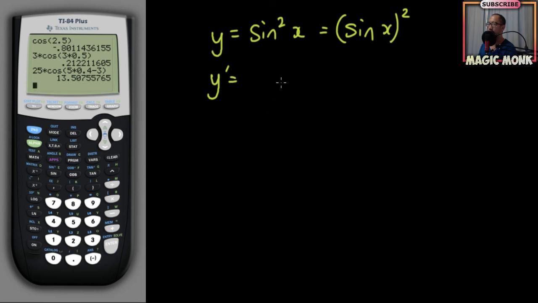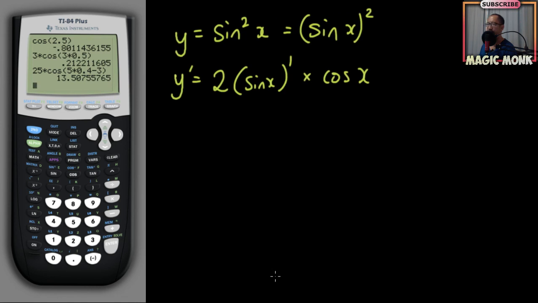Okay, so then y dash, you're going to bring 2 to the front, and then you go sine x to the power of 1, and then you differentiate what's on the inside. What's on the inside is just cosine x. So you multiply by cosine x.